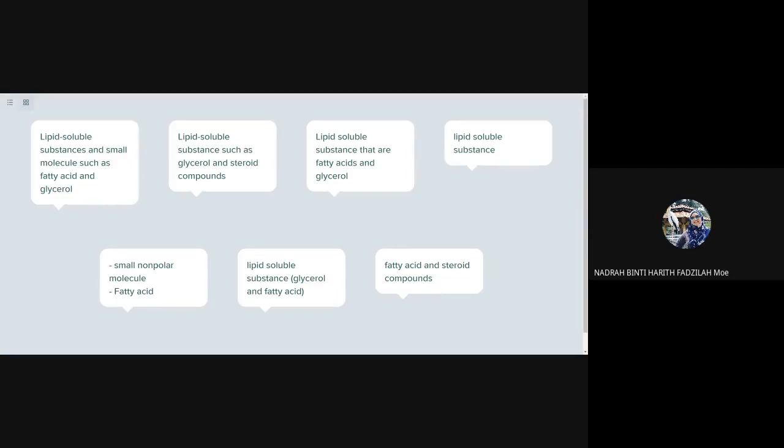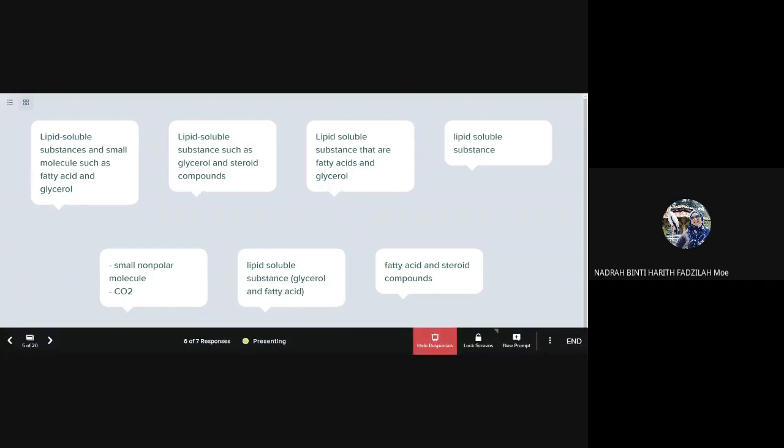Boleh tak kamu bagi contoh yang untuk small non-polar molecule? Okay, CO2, very good. Thank you.